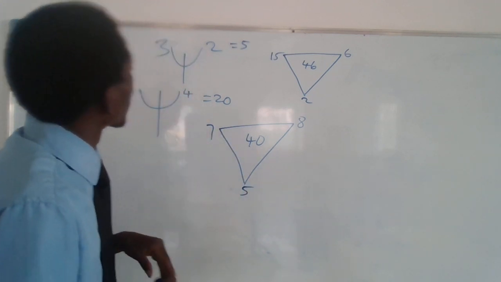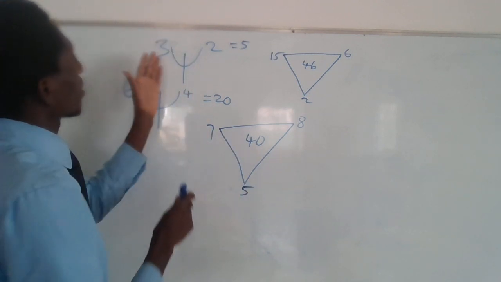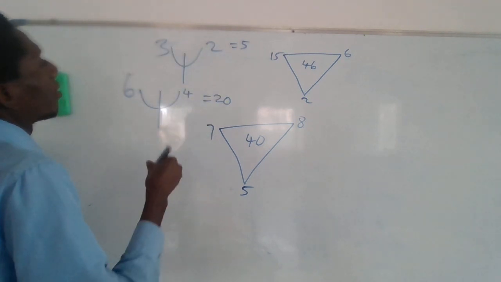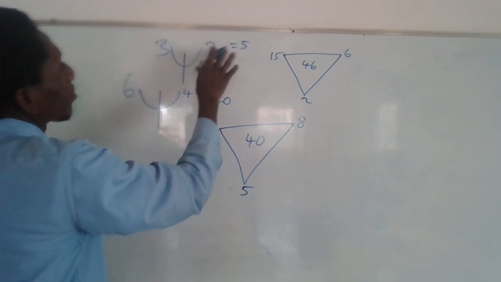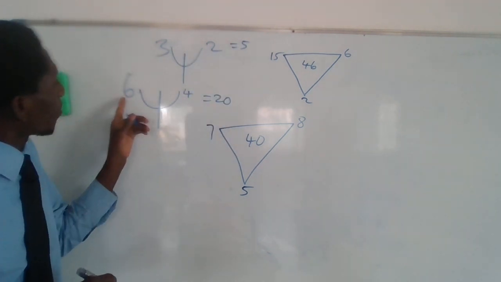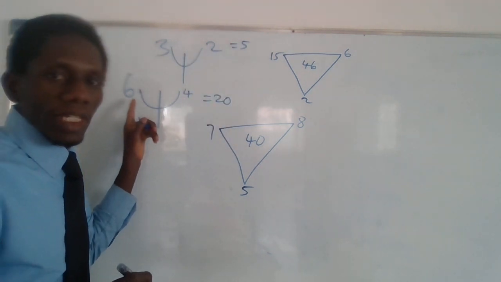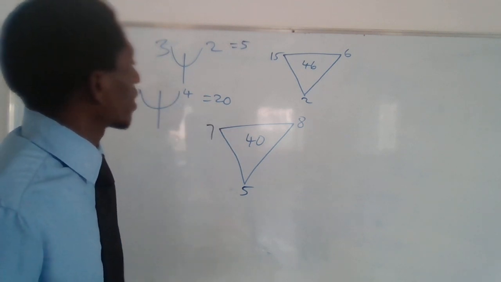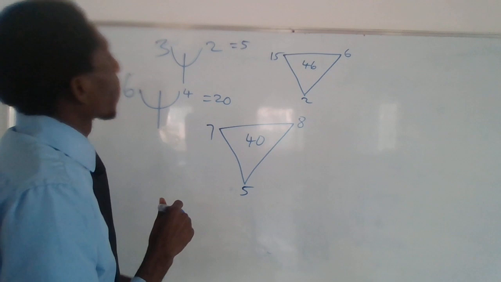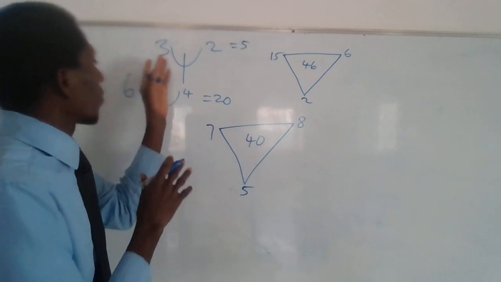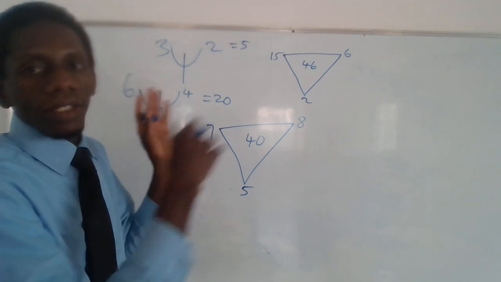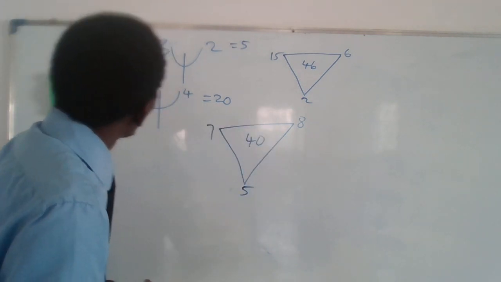So let's say I want to get 5 here. What can I do? If I say 3 plus 2, I can get 5. But how about this problem? If I say 6 plus 4, it won't give me 20. So I need to find a way that works for the first, the second, and the rest of the problems.